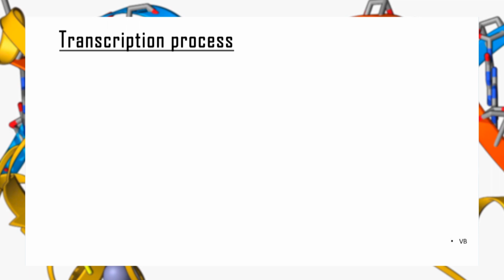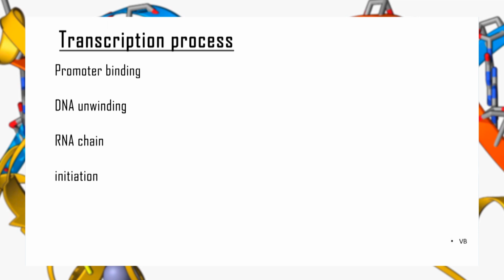5 steps are there. First is promoter binding, then DNA unwinding, then RNA chain initiation, then RNA elongation and RNA chain termination. We will take them one by one.